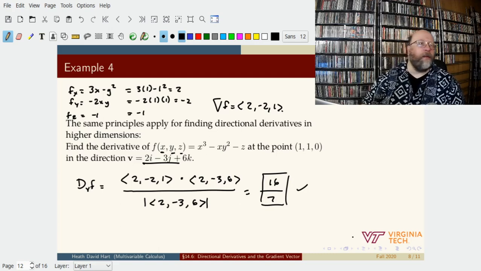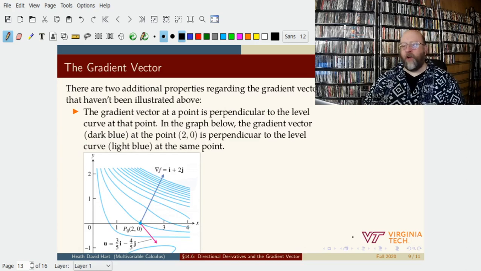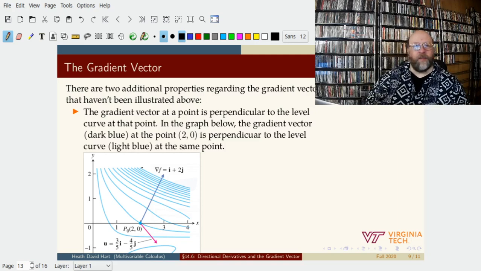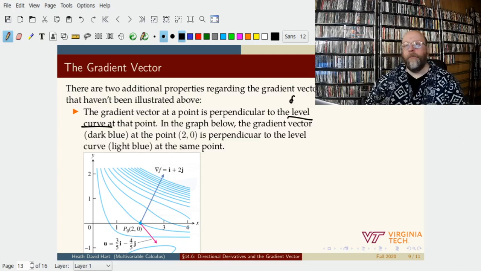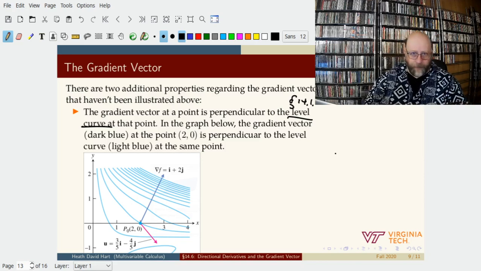Let's look at a couple of additional properties of the gradient vector that we haven't talked about. It turns out that if we draw, and we've seen this before, this map of level curves. We did this back in section 14.1, where we set z equal to a bunch of different constants and plot the level curves at that point.